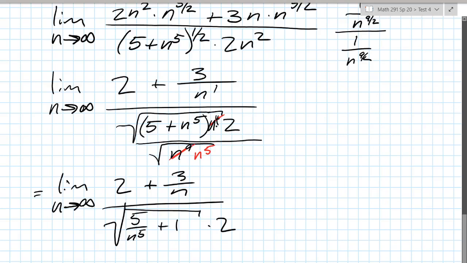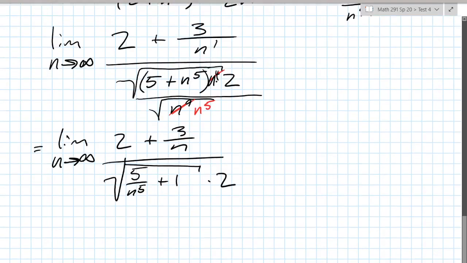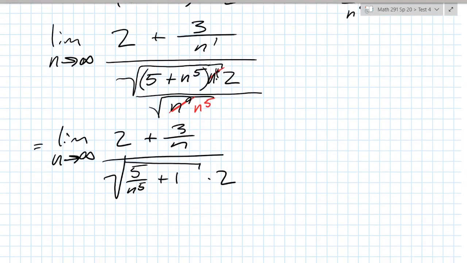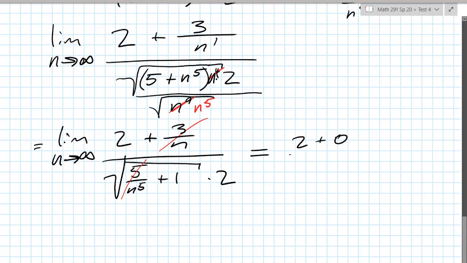Now, when we have our limit, what's going to 0? This is going to 0, that's going to 0, and we're left with 2 plus 0 over the square root of 0 plus 1 times 2. That is 2 over 2, which is 1.